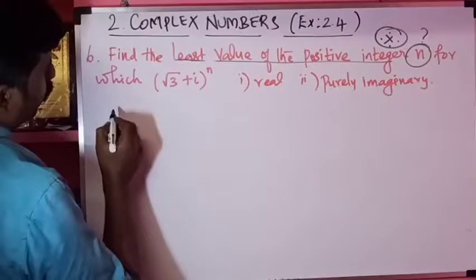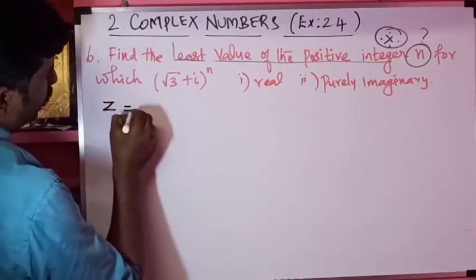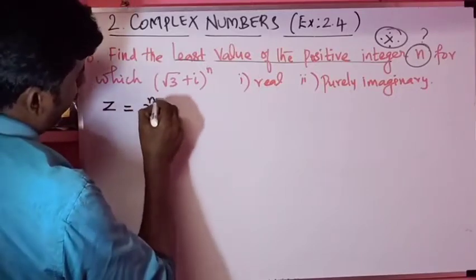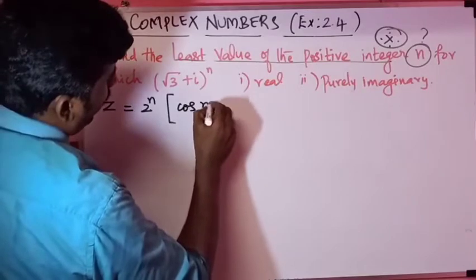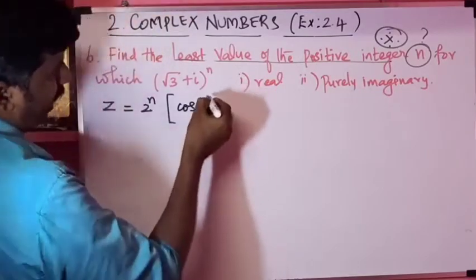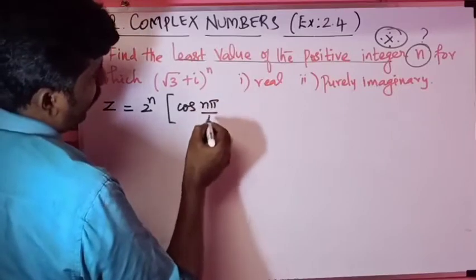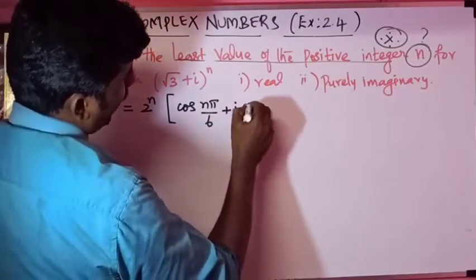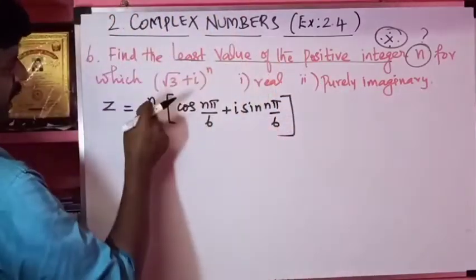So for √3 plus i power n, z is equal to 2 power n. Then what happens? cos n pi by 6 plus i sin n pi by 6, bringing the power n inside by de Moivre's theorem. Carefully note, the n from the power I brought as 2 power n.